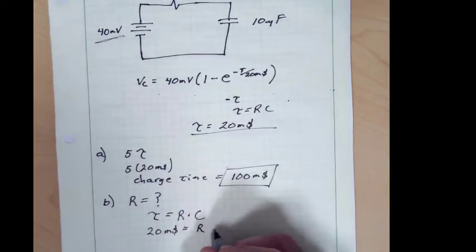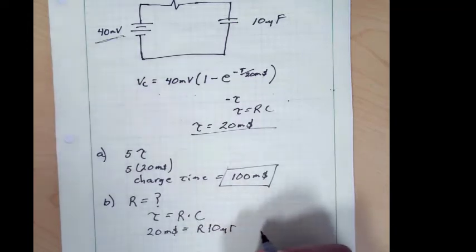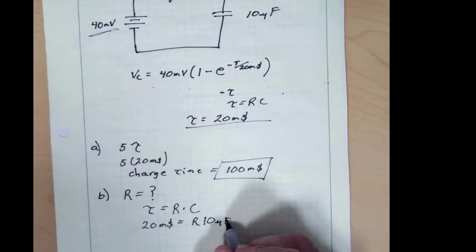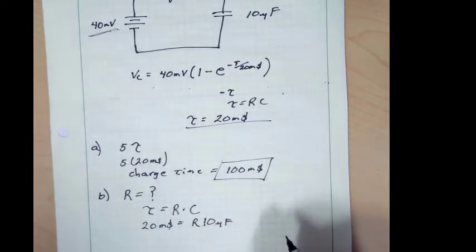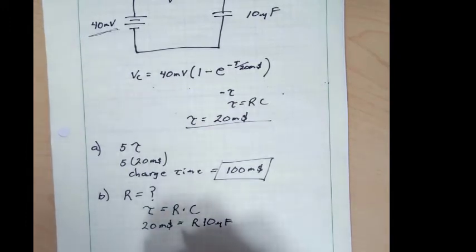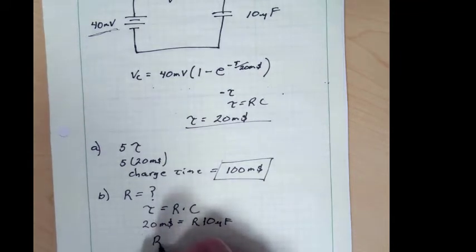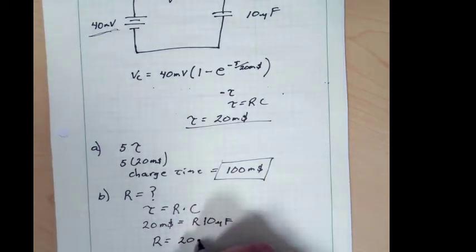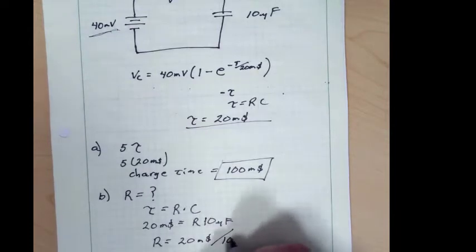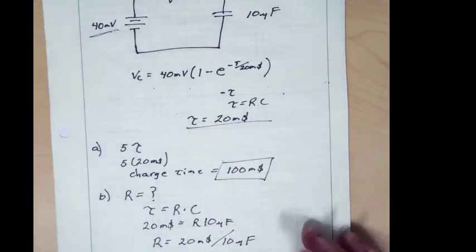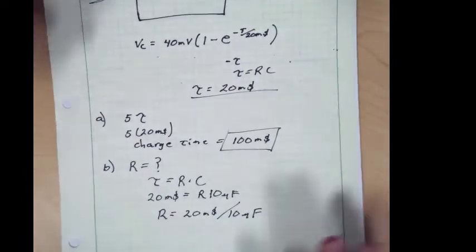We don't have R, but we do have C, which is given to us as 10 microfarads. So just using our advanced algebra skills, we divide both sides by 10 microfarads, and we get R. So R is equal to 20 milliseconds divided by 10 microfarads.